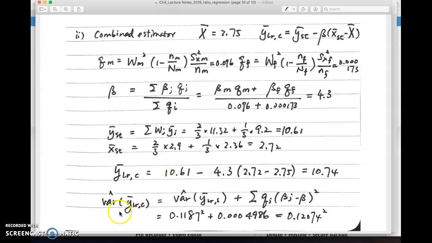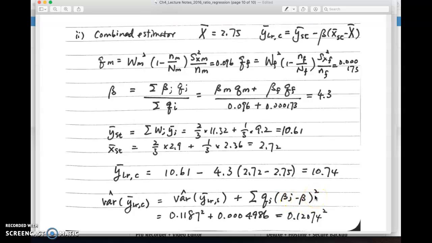And again, the estimated variance of my point estimate equals the estimated variance under the separate method plus the summation of Q i multiplied by each of the beta differences to the overall beta, squared.